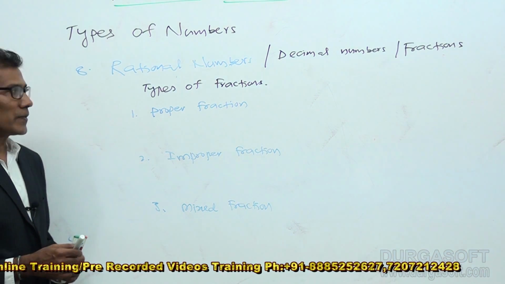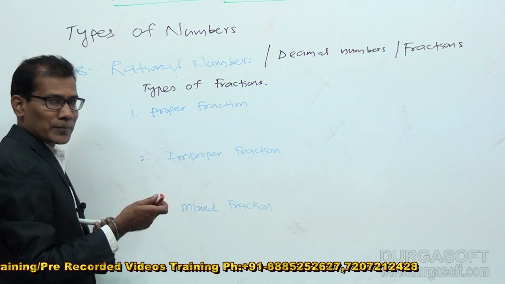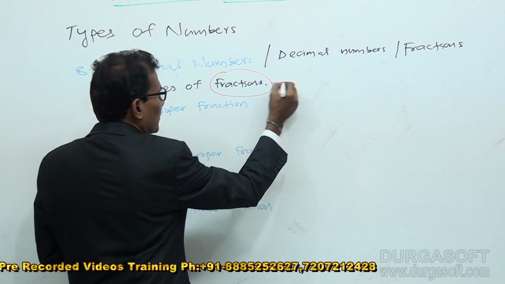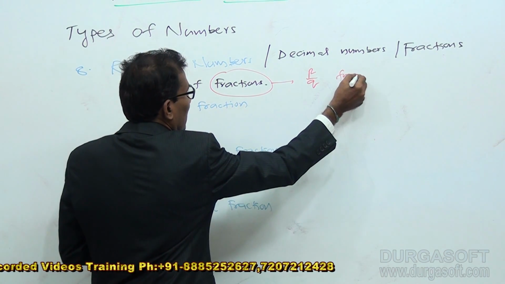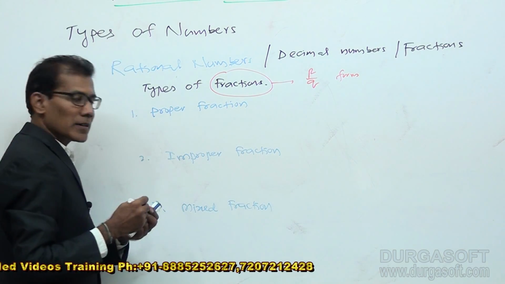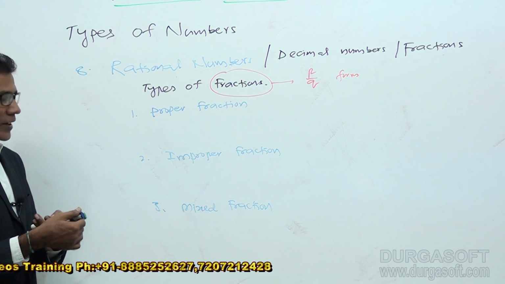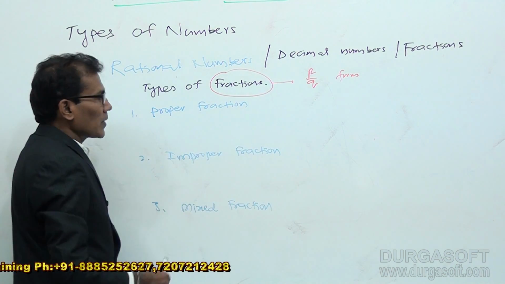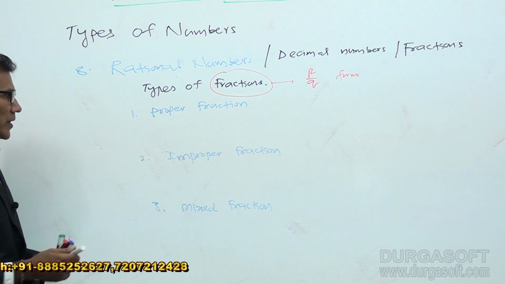Then what is proper fraction? This fraction is nothing but P by Q form. As we know, fraction is a P by Q form. It has numerator and it has denominator. Now coming to proper fraction. The proper fraction is nothing but in P by Q form, if the numerator is smaller than the denominator, it is called proper fraction.